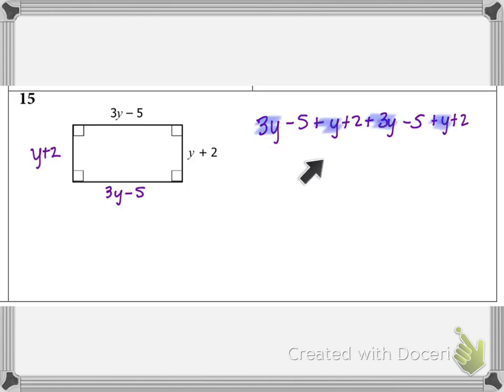So 3y plus 1y is 4, and then 5, 6, 7, 8. So we have 8 y's. My goodness, it's wrong too. Okay, hang on. So this is 8y. And then we have a negative 6 because we have negative 5 plus 2 minus 5 plus 2. So if you combine all of those, you're going to get negative 6. And that's it. 8y minus 6.